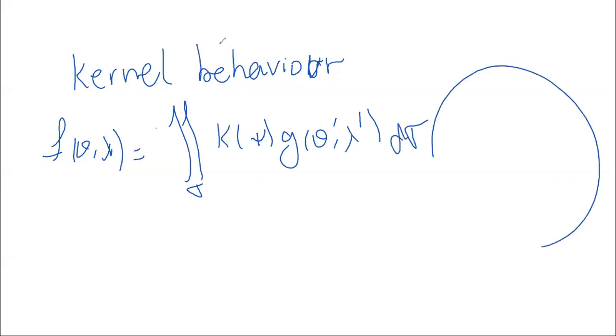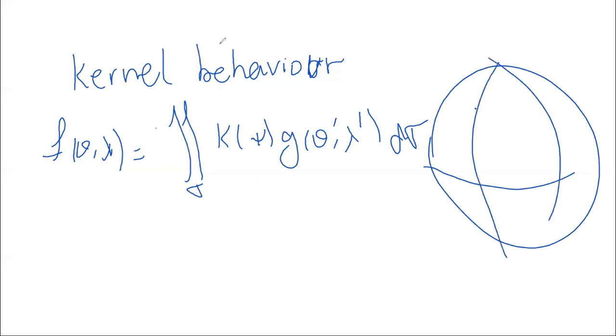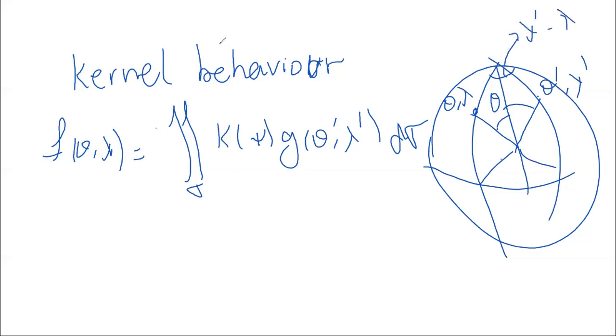Let me draw a figure here, and again I will emphasize that the point is theta and lambda here, and it will be theta prime and lambda prime. This angle will be lambda prime minus lambda, and this spherical angle along this, from in front of this camera, is psi.